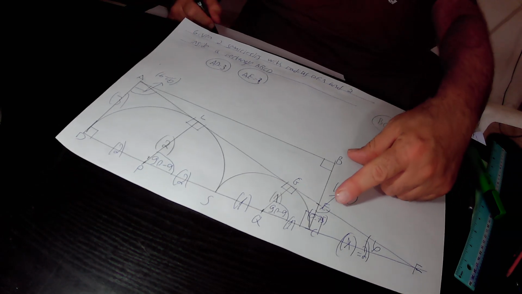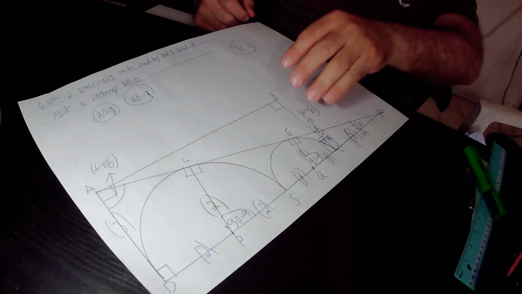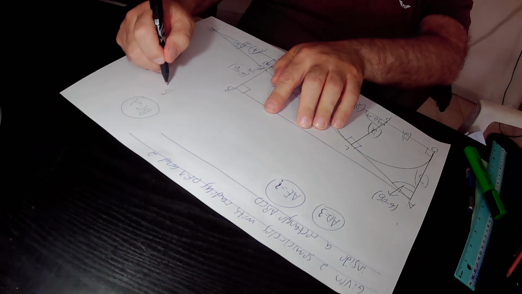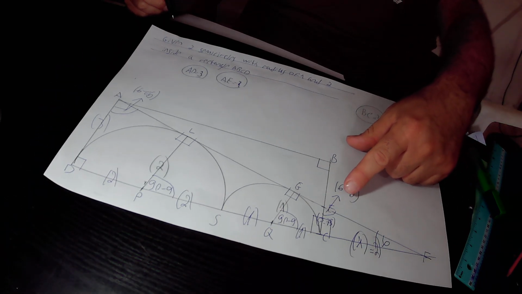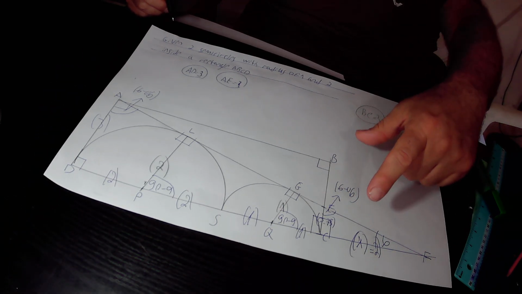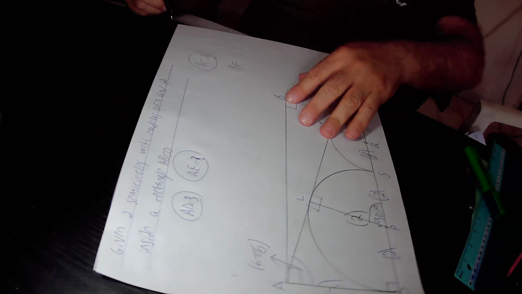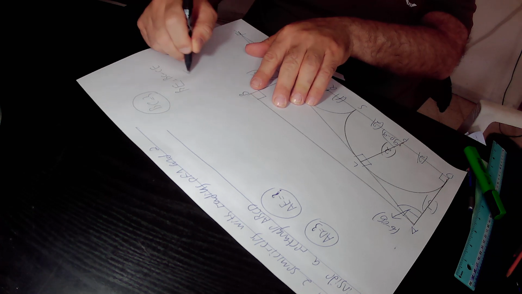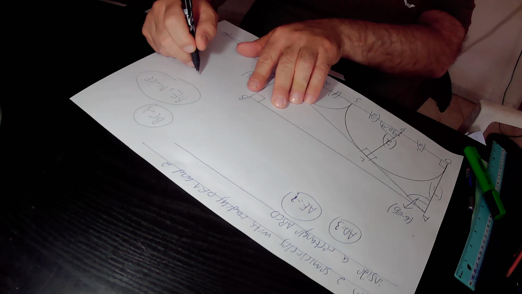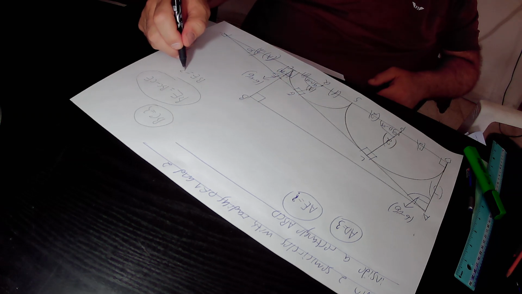What is the length of this missing segment BE? From the diagram, it is very easy to see that BE equals BC minus EC. So I write it down: BE equals BC minus CE. BC is 3, minus CE.